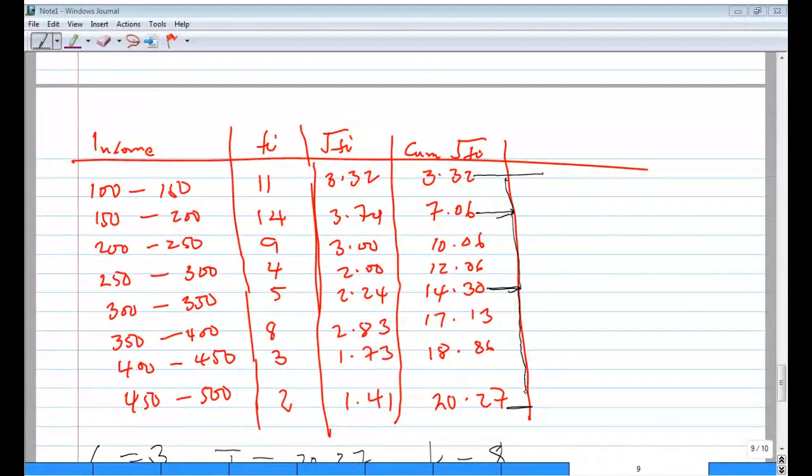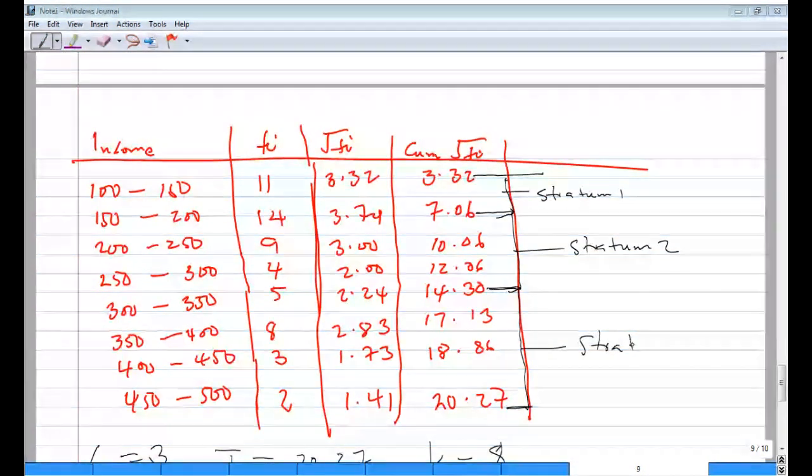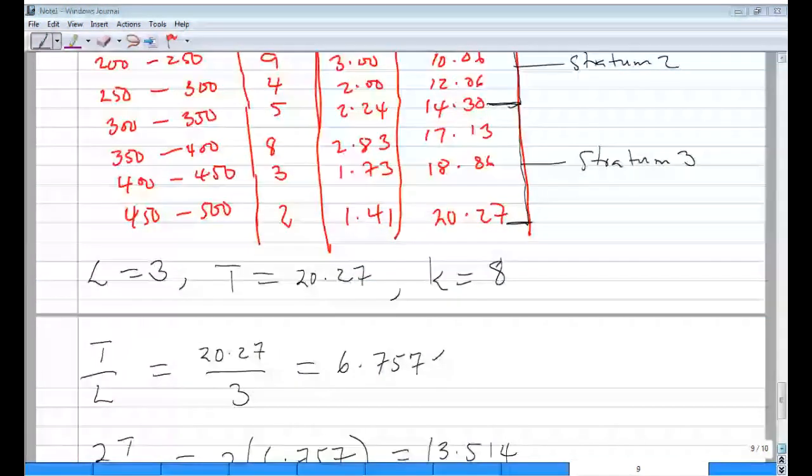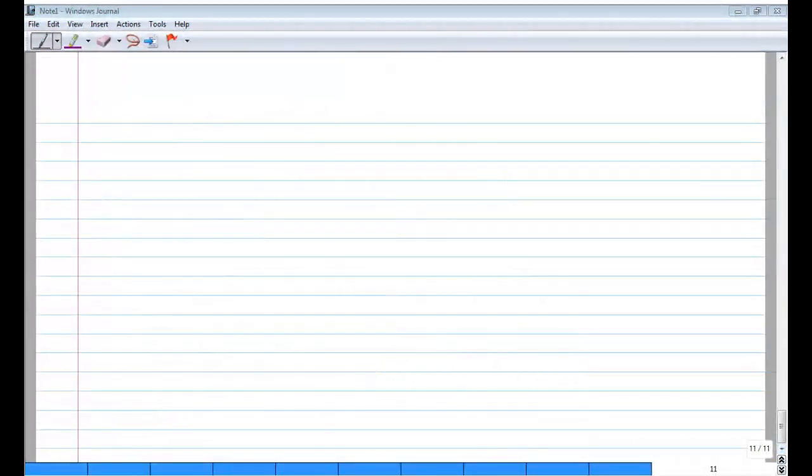So this one is stratum number 1, this one stratum number 2, and this one stratum number 3. Then you write it nicely down here in terms of the intervals.